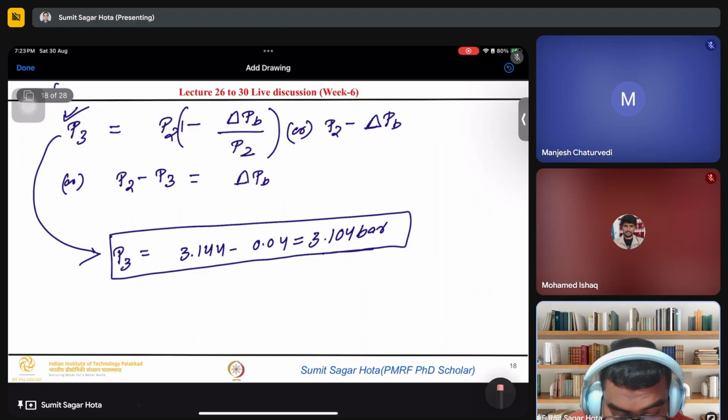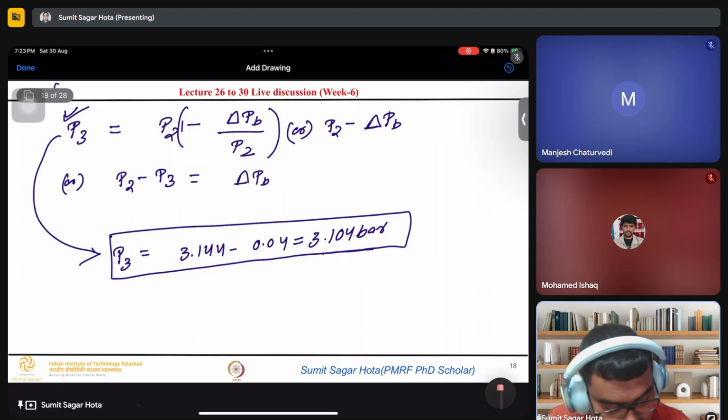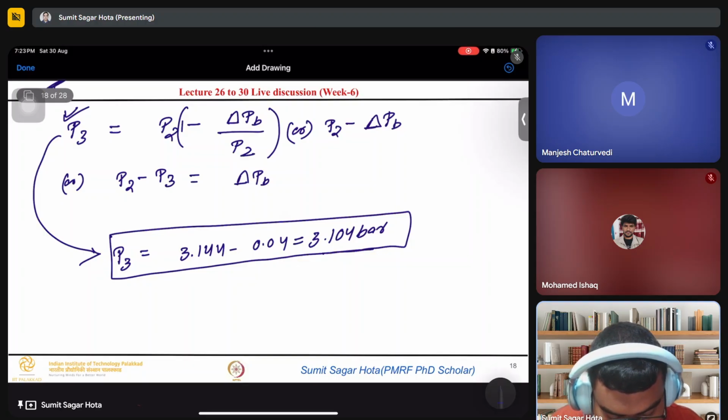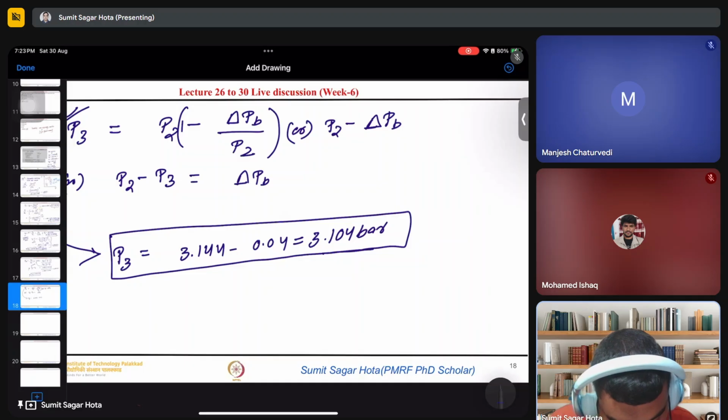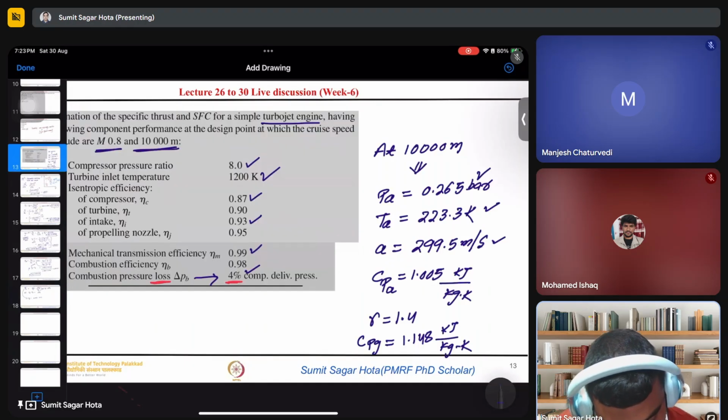So now we can find out T4 dash, or T4 prime. How will we relate this T4 prime? For that, one more term given is the isentropic efficiency of the turbine.